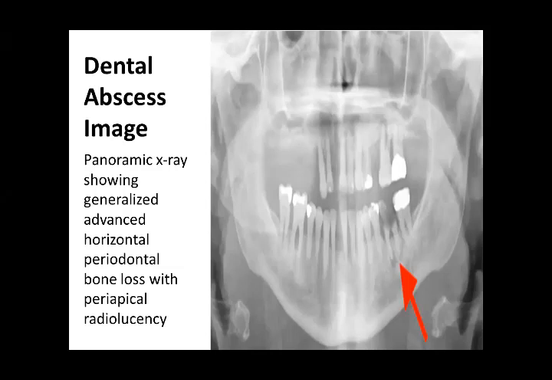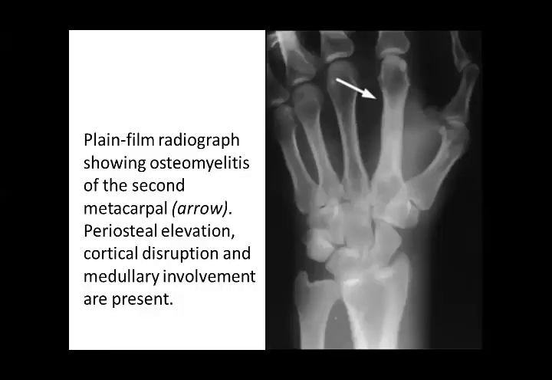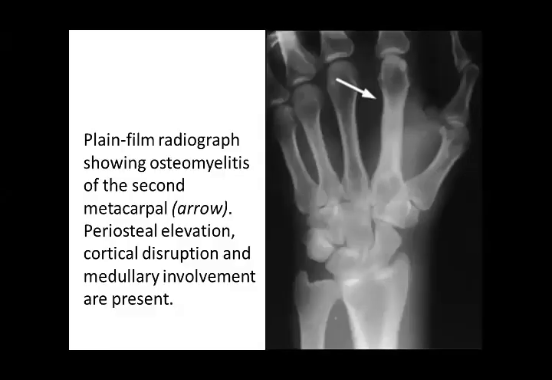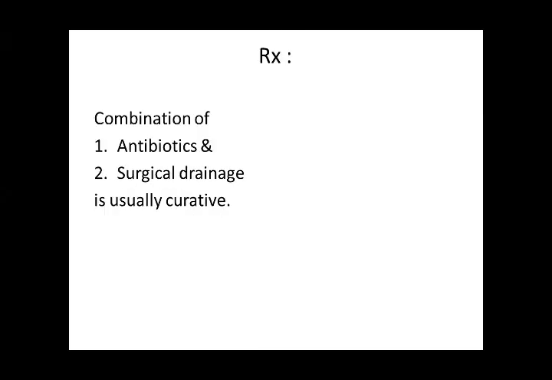That is a panoramic X-ray. Panoramic X-ray is the name of this X-ray, showing osteomyelitis. Here is a plain radiograph showing osteomyelitis of the second metatarsal, with periosteal elevation, cortical disruption, and medullary involvement.